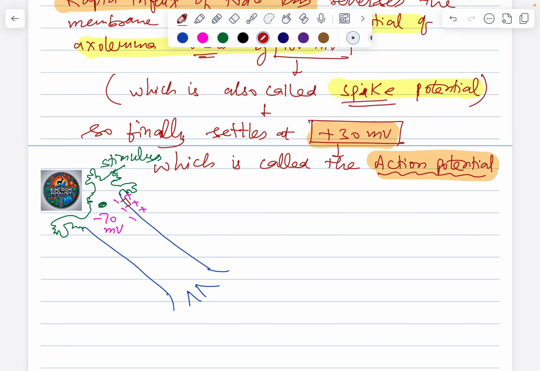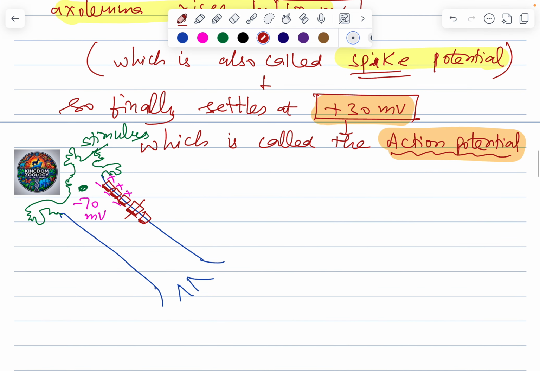There are proteins over here that allow entry of sodium ions. These proteins normally remain closed, but as soon as the stimulus is applied, the sodium ion channels open up. This is the depiction of opening of sodium ion channels.